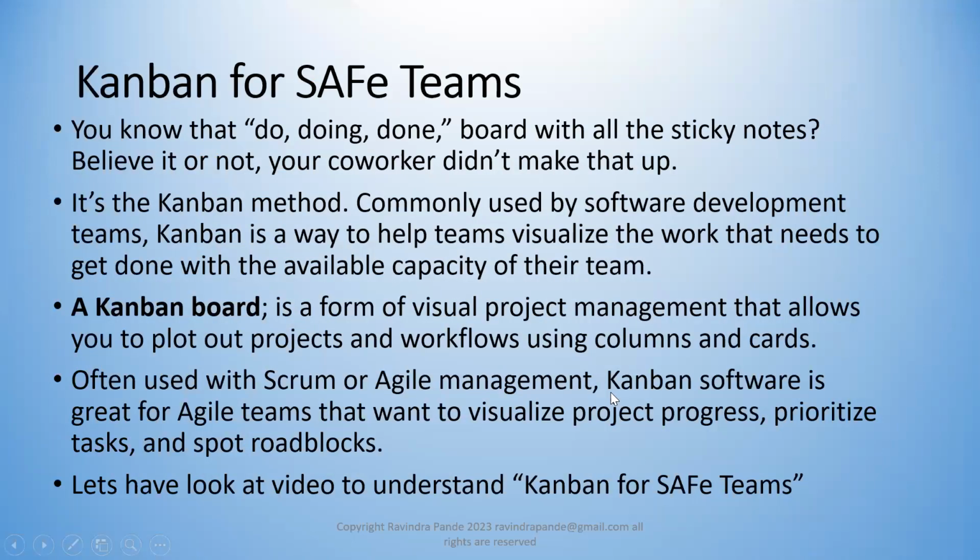Now let's try to understand Kanban. Kanban is a thought process. This is also kind of an East Asian thought process in terms of how you can categorize the progression. So you know that to do, doing, done board with all the sticky notes. Believe it or not, your co-worker didn't make that up. This is an old philosophy of East Asian countries where we categorize the progression in 3 different swim lanes, as they call it.